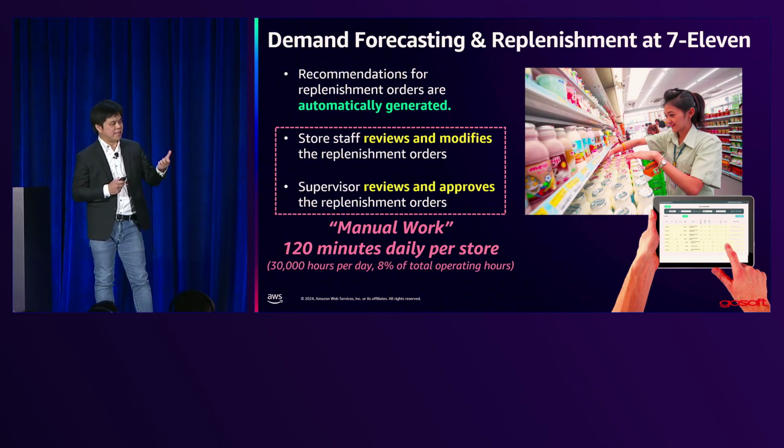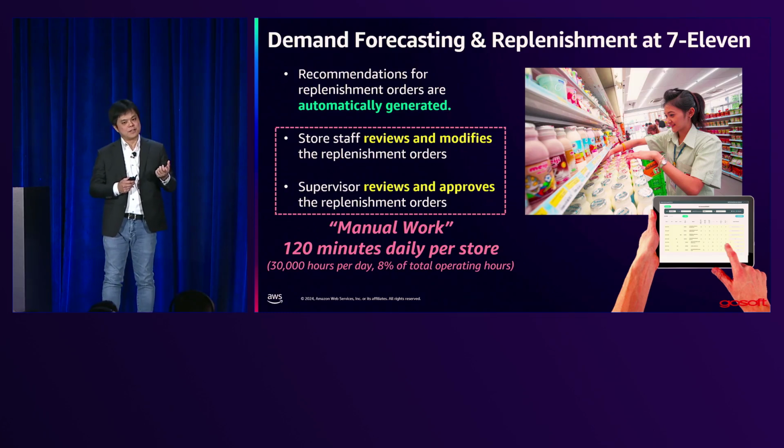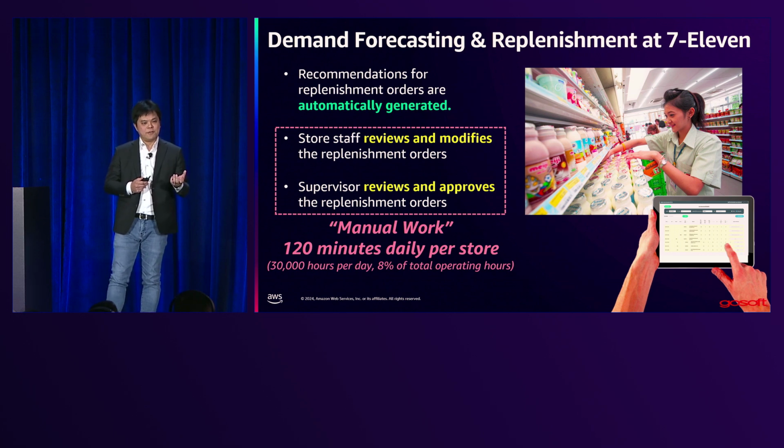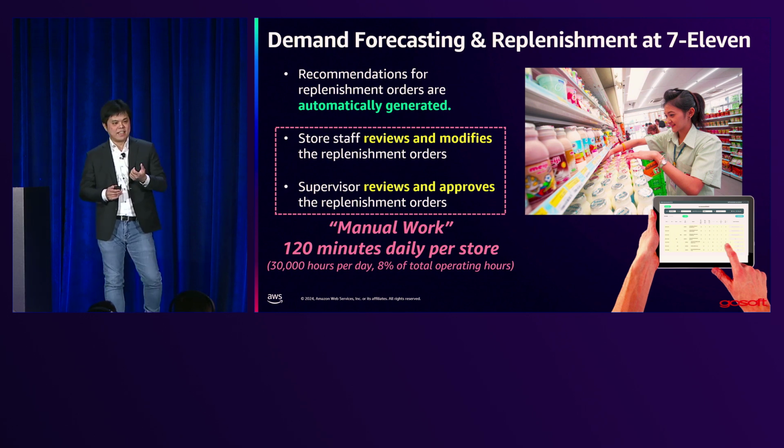This replenishment process took around 2 hours daily, which means that we use about 8% of operating hours. So look at this from the country level. It takes about 30,000 man-hours daily. So what if we can automate this process and let our store staff take care of our customers and improve customer satisfaction?